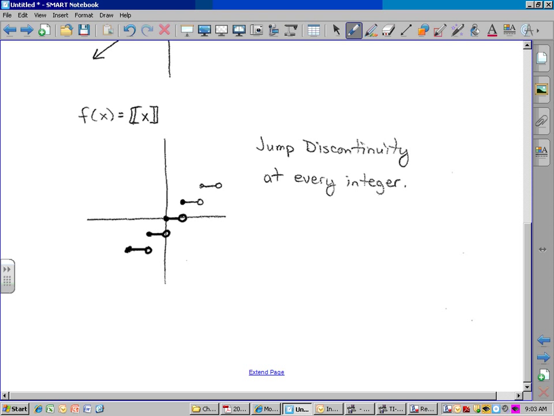I'm not just moving over a single point, so it's not a point discontinuity. I actually have to jump over several points to get to the next one. So there's a jump discontinuity at every integer. So x equals 1, x equals 2, x equals 3, x equals negative 1, x equals negative 2, x equals negative 3. All of those would be jump discontinuities.